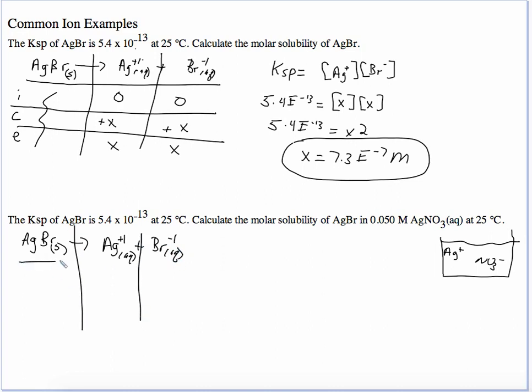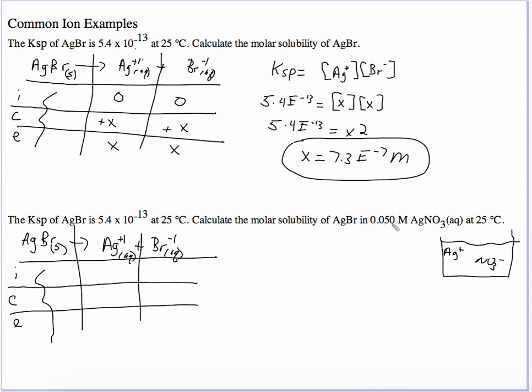All right, so we make our ICE table: initial, change, equilibrium. Solids don't matter. Now here's the trick to this common ion effect. Instead of starting off with 0 silver, there's already some silver in there.